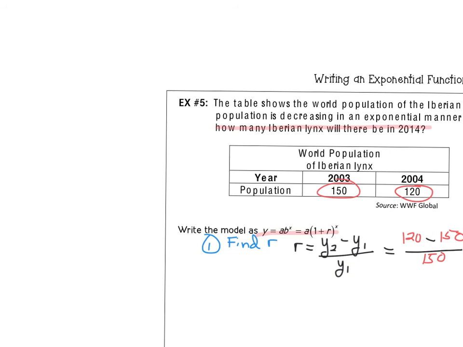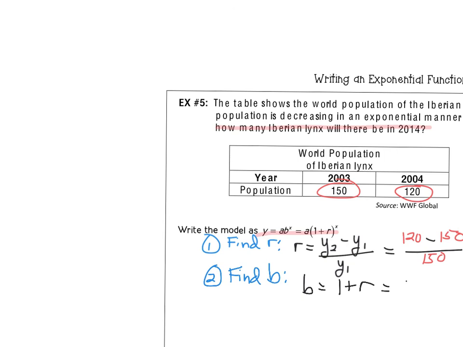Then the second thing that we need to find is our B. That's our R. Okay, so our B is going to equal 1 plus our R, right?